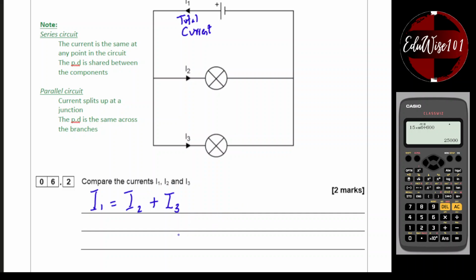And I could also say that I2 is equal to I3. Right? Because the current is going to be the same between these two branches, mainly because the lamps are identical here. That will give you the 2 marks.